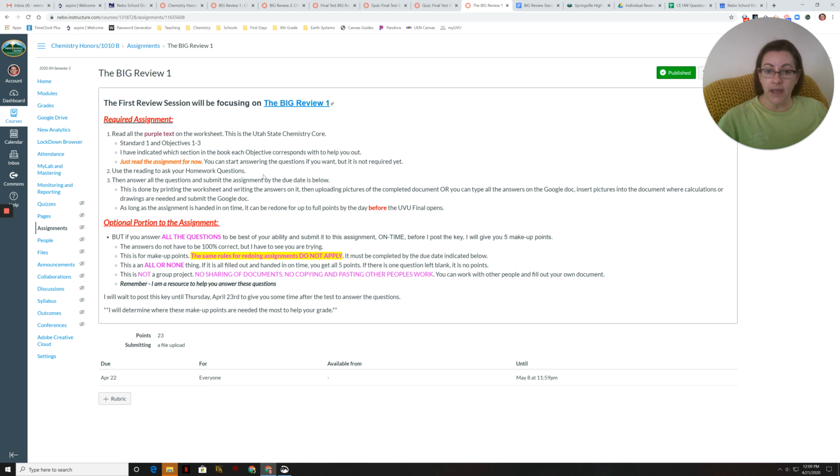You just have to read that portion of the document the night before and ask me questions about it for your homework. Use the reading to ask your homework questions, and that's not due that night, but then answer all the questions and submit the assignment by the due date.